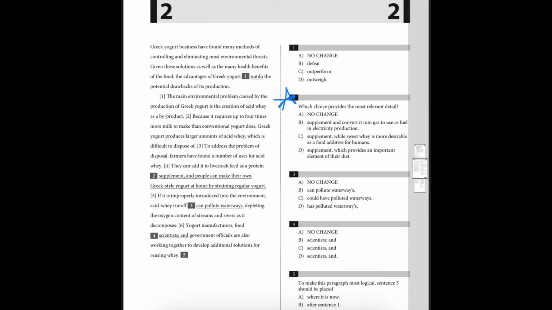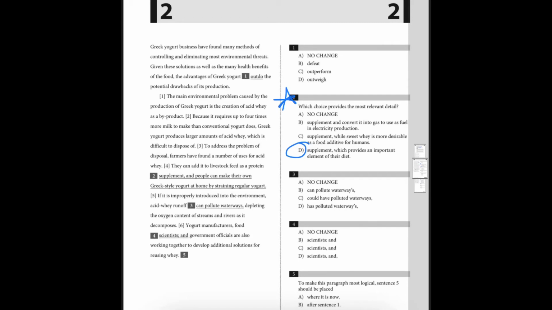There are going to be multiple answers that basically convey the same idea, but you want to choose the one that has generally the least amount of words, the most direct answer. So for number 2, D would be the least wordy answer and would be the most direct way to convey that point.